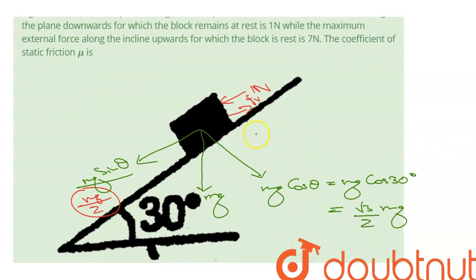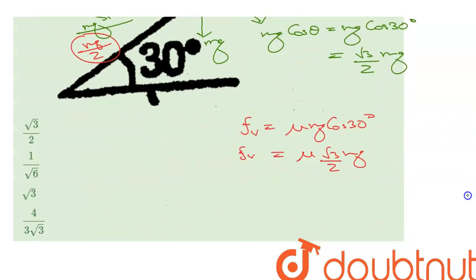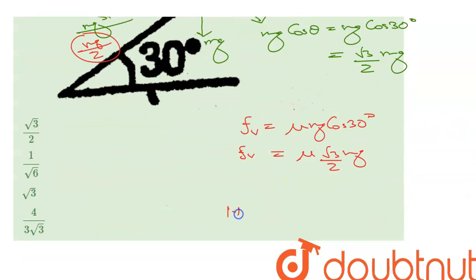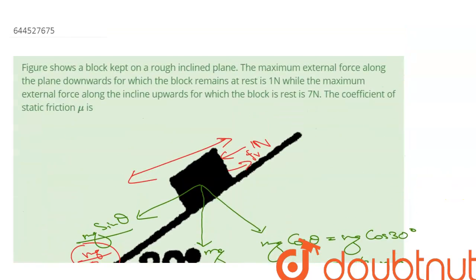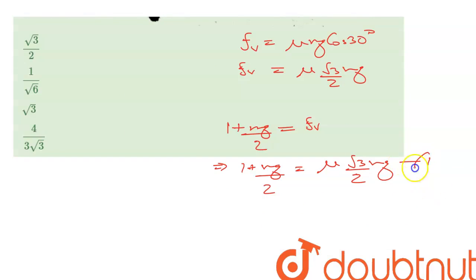So if I try to balance the forces along the incline of the plane, 1 Newton plus mg sin theta, that is mg by 2, should be equal to the frictional force, which means 1 plus mg by 2 should be equal to mu times root 3 by 2 mg. Let's mark it as equation number 1.